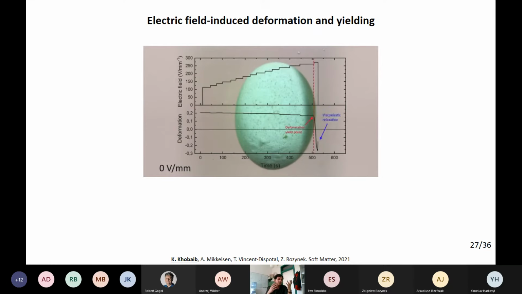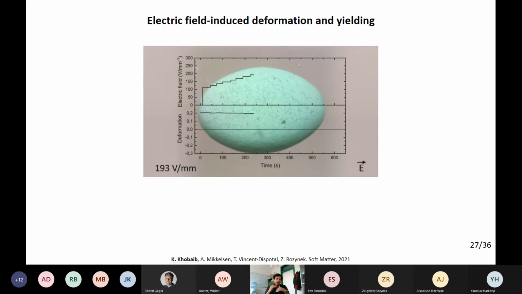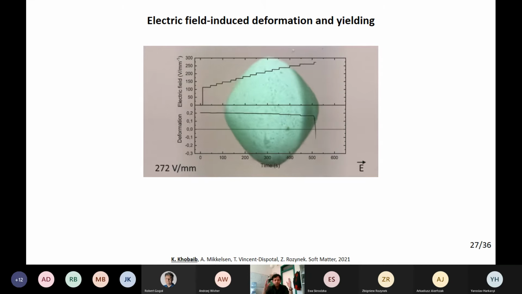Why do they not change shape at the lower electric potential? Because the elastic energy of the particle shell at the lower electrical state is stronger than the applied electrical state, and the droplet remains in prolate shape. But when we apply the strongest electric field, which is around 272 volts per millimeter, the applied electrical stress overcomes the mechanical resistance of the particle shell, and it deforms the droplet from prolate to oblate shape.